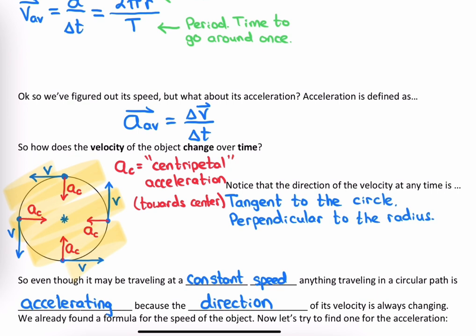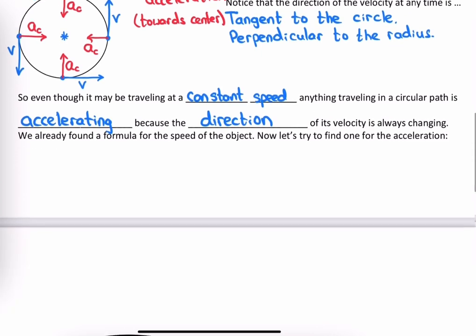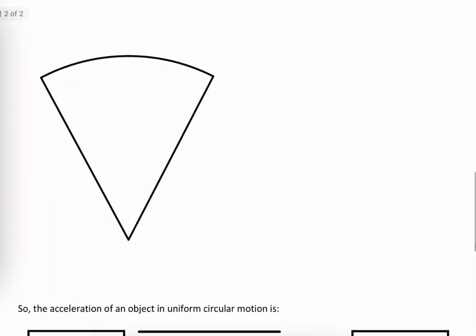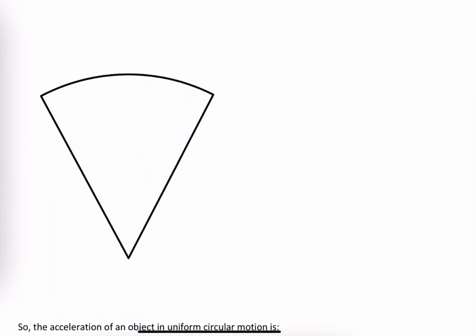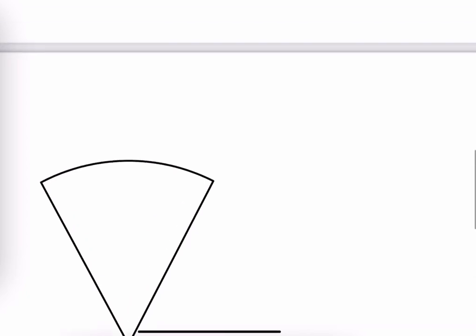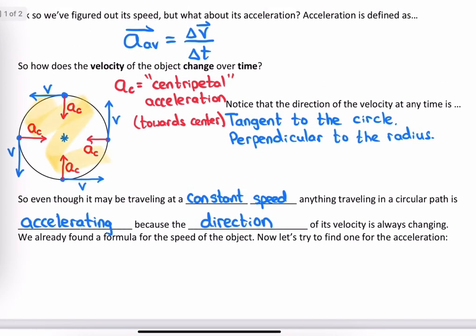And so now I want to take these ideas, put them together, and see if we can come up with a formula that will crunch some numbers for us and tell us how to find the magnitude of these velocities as this object goes around the circle. So what we're looking at here is, again, another top view of the circle, just like we had over here.